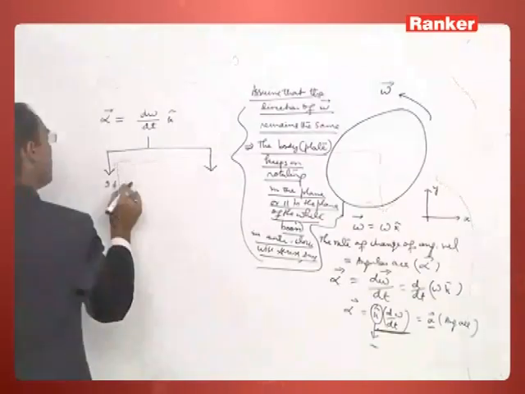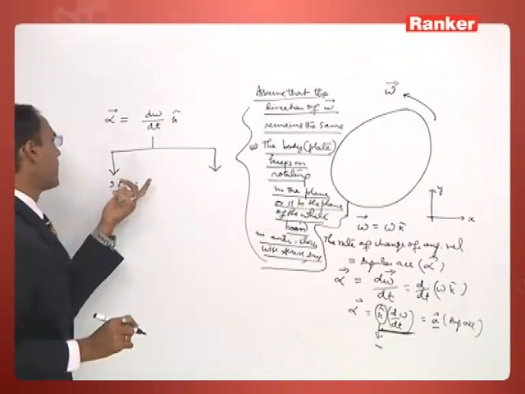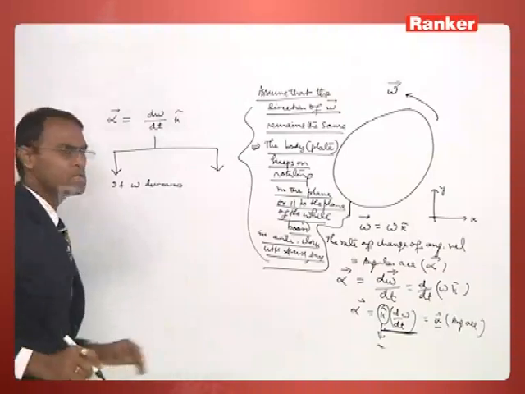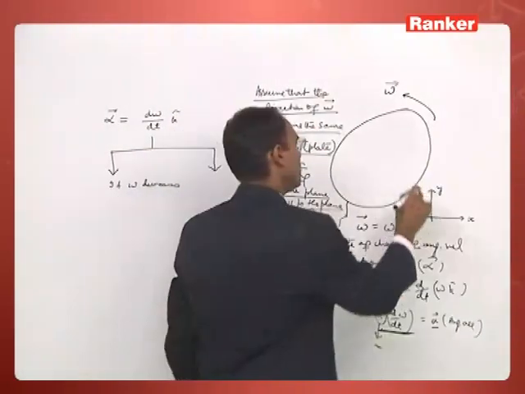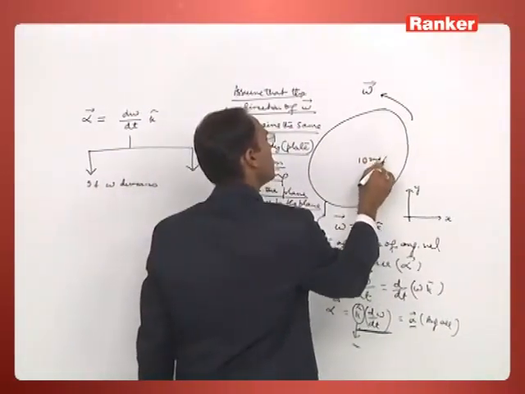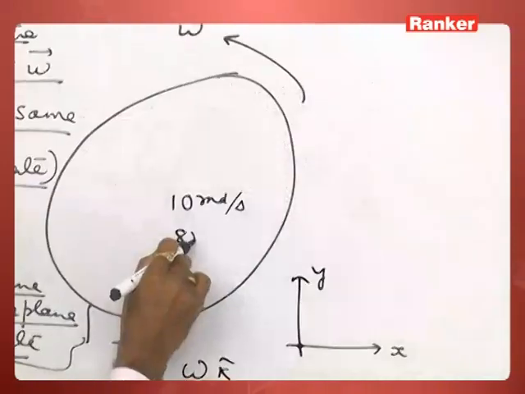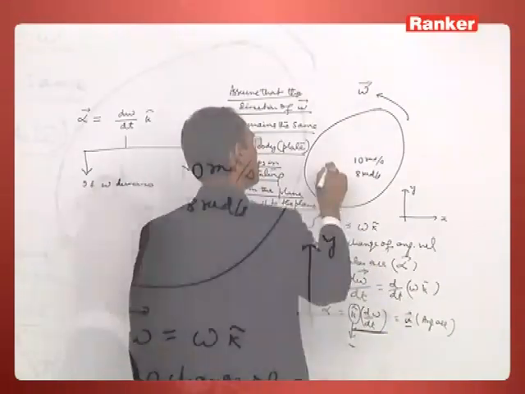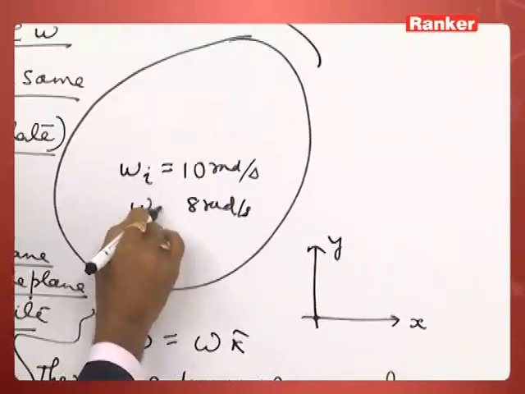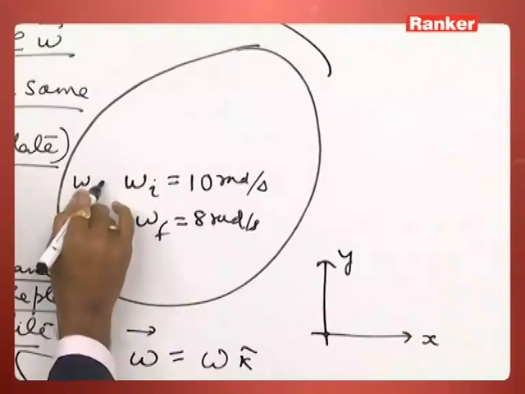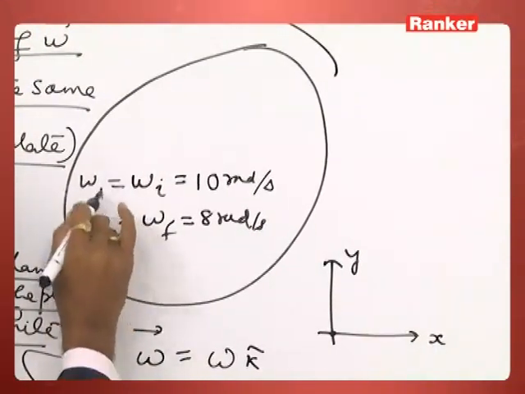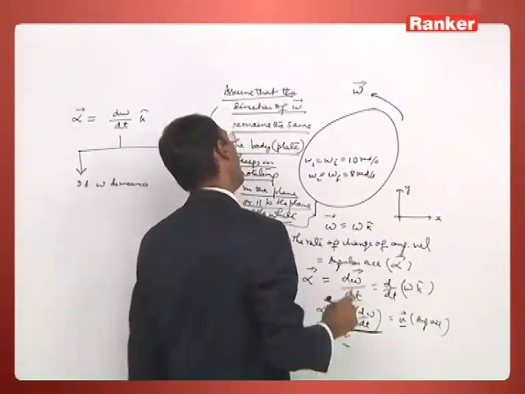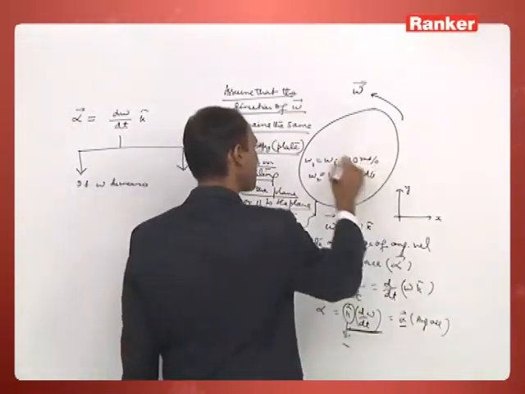If the magnitude of the angular velocity, the angular speed, decreases, suppose it is rotating with 10 radian per second and after some time it rotates with 8 radian per second, this is the initial angular velocity and this is the final angular velocity, omega 1 and omega 2, or you can write i and f for initial and final respectively.